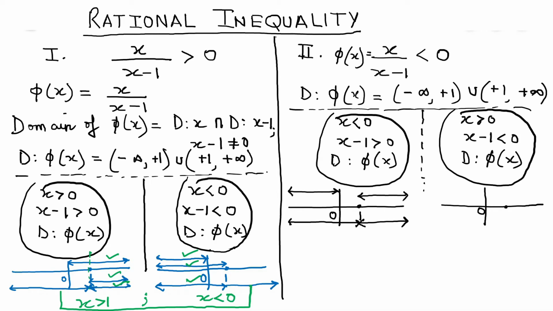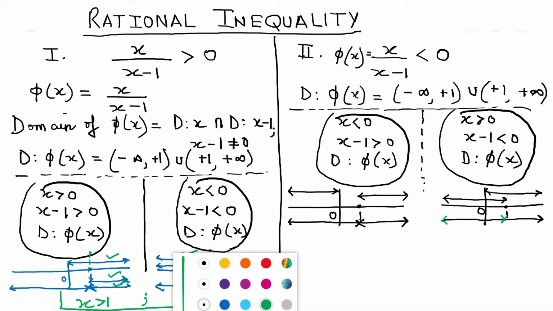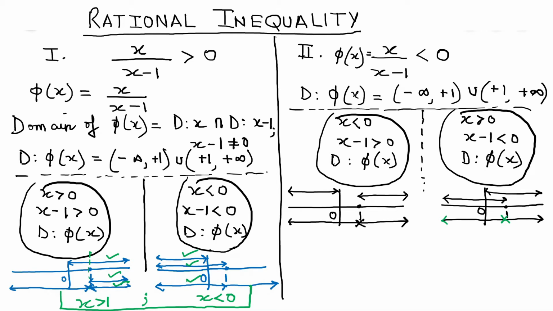0, 1, x is greater than 0. Okay, x is less than 1, and then x is all real numbers except for 1, is what we are taking, except for 1. Now we are interested in the area that is common to all the three.